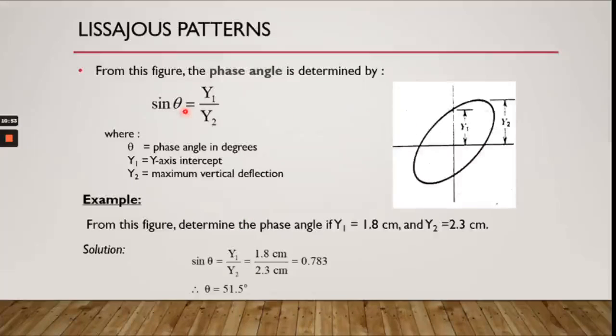In order to determine the phase angle, we can use this equation: sin theta is equal to y1 divided by y2, where y1 is the y-axis intercept, the point where this ellipse crosses the y-axis, and y2 is the maximum vertical deflection, which is the peak value here. So if we have y1 equal to 1.8 cm and y2 equal to 2.3 cm, we can directly apply this equation to get the angle between these two signals, which is 51.5 degrees.